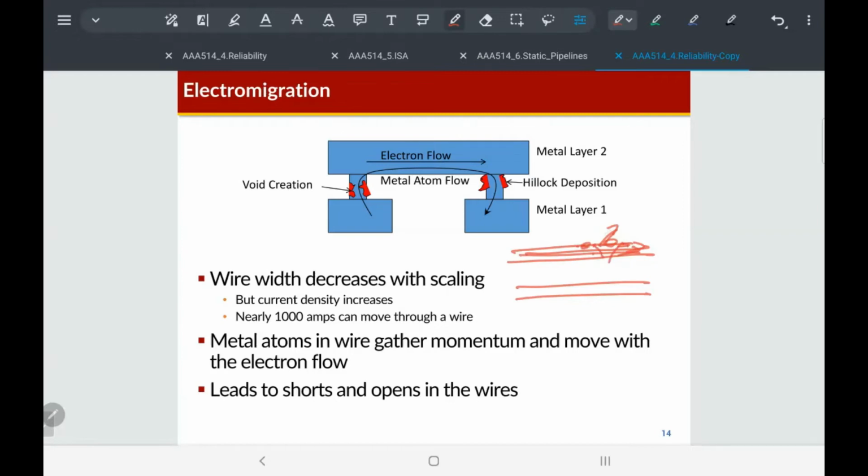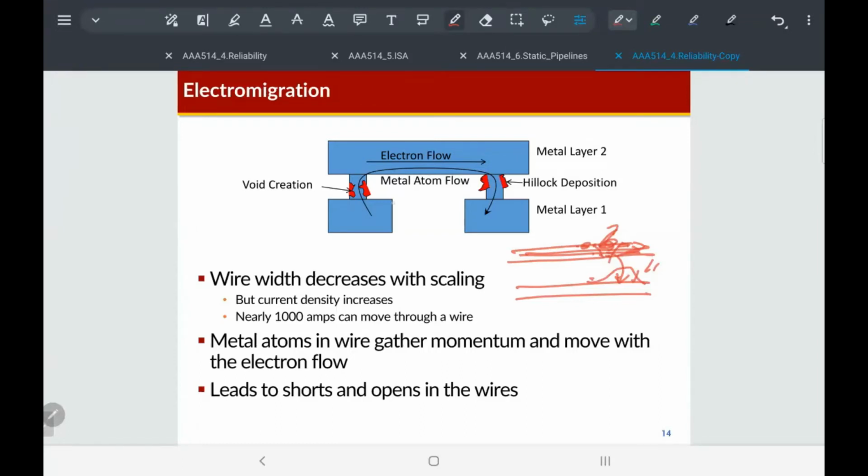Also, the electrons dissipated from some adjacent wire are added to the neighbor wires, and then the width of this wire is increased. That can happen. This is called the electromigration issue.